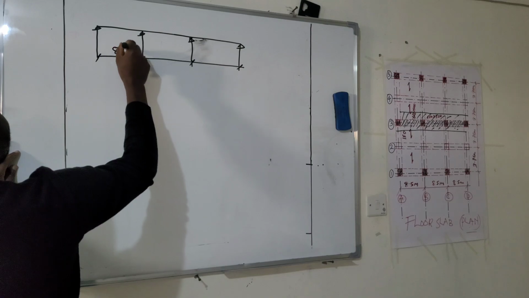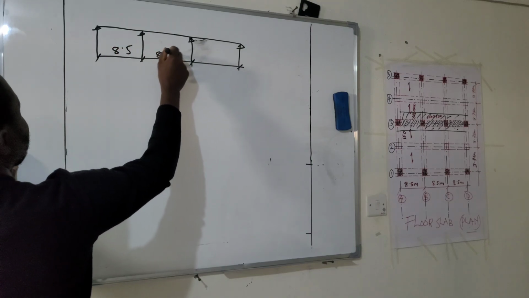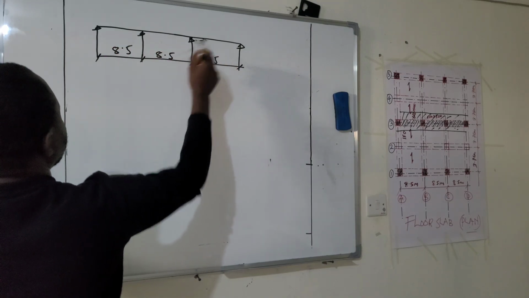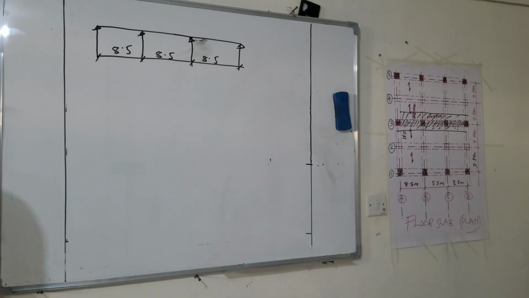So this is 8.5, 8.5, 8.5. So when this beam will experience bending, this is how it will bend.